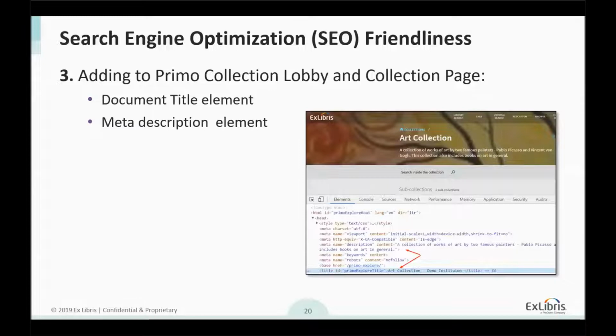What I want to mention is that there is a much more significant improvement that will come by the end of the year, which is dynamic page rendering. So if you are patient enough, we would recommend thinking about starting to use those by the end of the year. The dynamic page rendering is about helping the search engine crawlers and the Google bots to better understand the Primo pages.